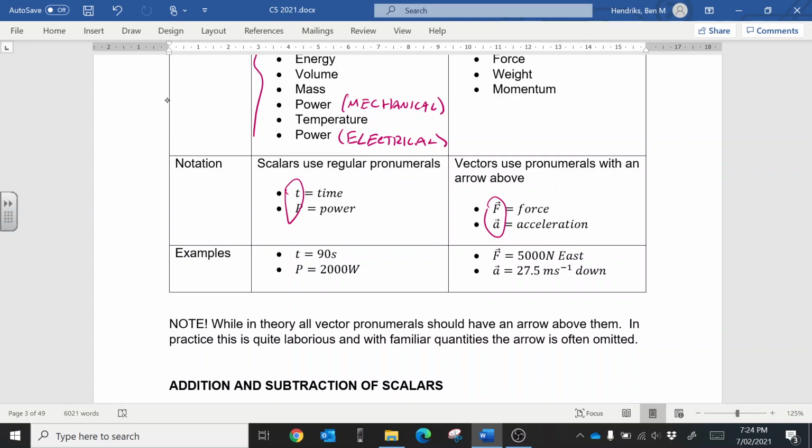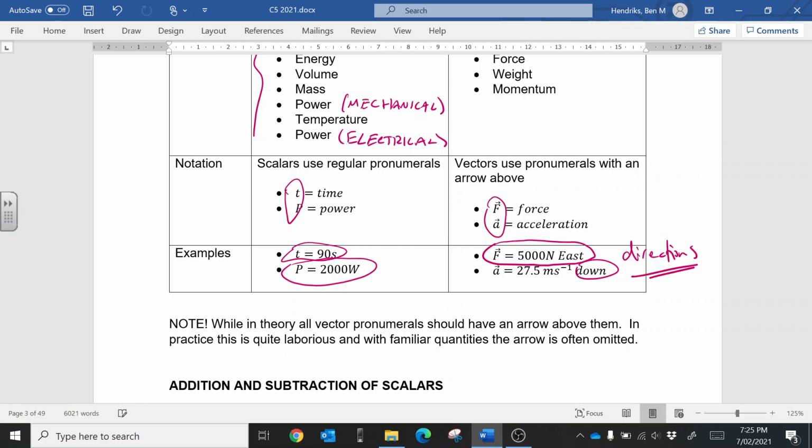Time is 90 seconds. Power is 2000 watts. Whereas our vectors over here are force, which is equal to 5,000 newtons east, and acceleration, which is 27.5 meters per second down. Just notice that they have those directions on the end there.